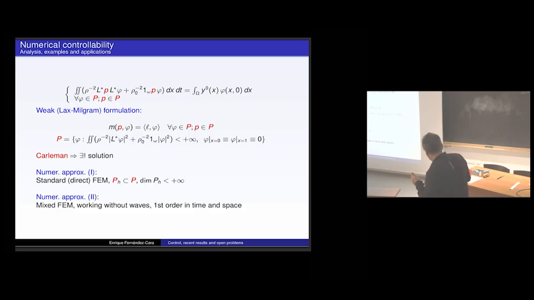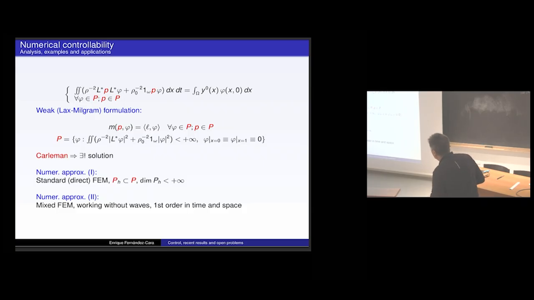Unfortunately, we have not here the gradient. We have the Laplacian, and here also. So when you integrate by parts, in order to get the formulation of the problem, you are going to find fourth order derivatives for p, fourth order in space, and second order in time.